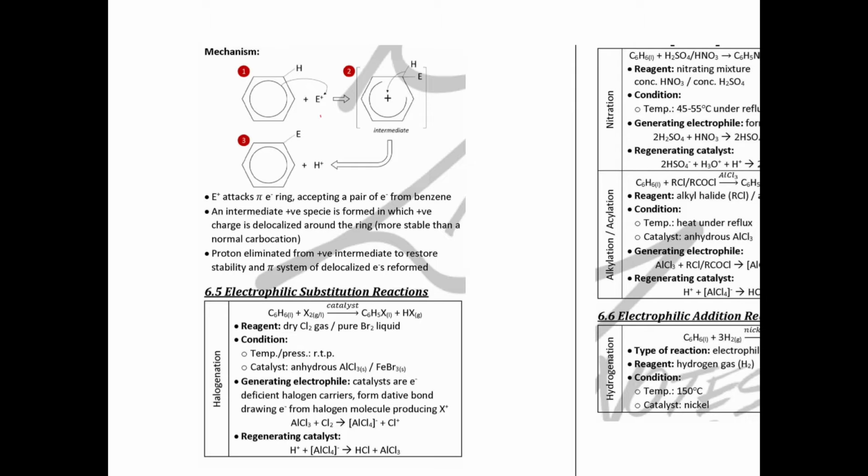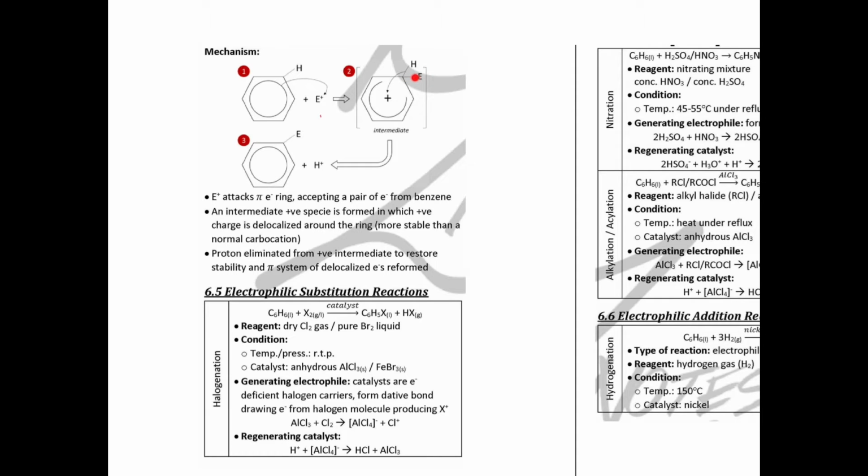So it is accepting a pair of electrons from benzene. Where do the electrons come from? There are 6 pi electrons that are delocalized here. 2 of the electrons are taken by the electrophile temporarily and form a covalent bond here.